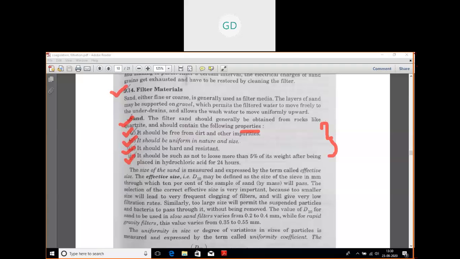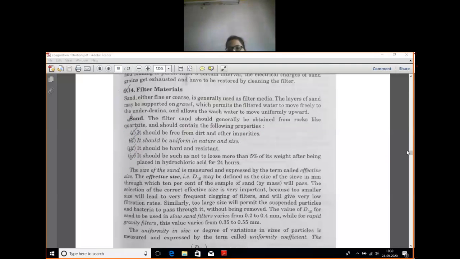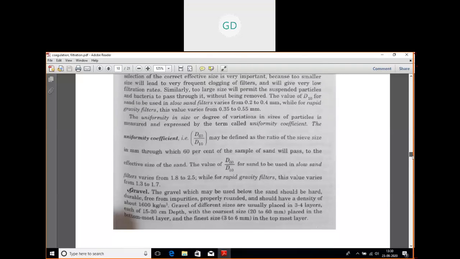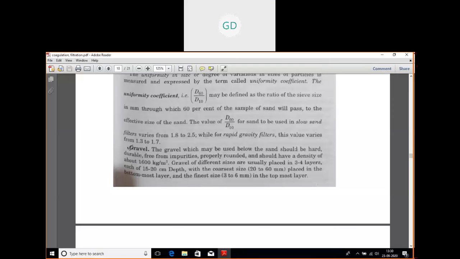So next is your gravel. About gravel, the gravel which may be used below the sand should be hard, durable, free from impurities, properly rounded, and should have a density of about 1600 kg per meter cube.